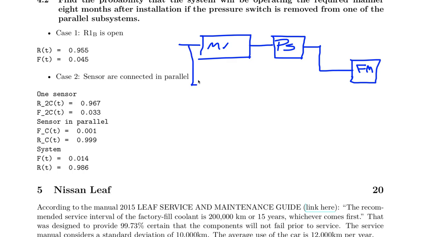Here you have another moisture sensor. And then you have nothing. So I removed the pressure switch. So what you could do, first you could consider that the system doesn't work because there's no pressure switch, so there's no control of the system.